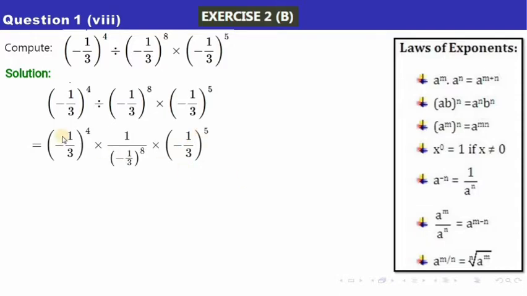Okay, so see here carefully, you know that a to the power m into a to the power n will be a to the power m plus n, that is the powers will get added.